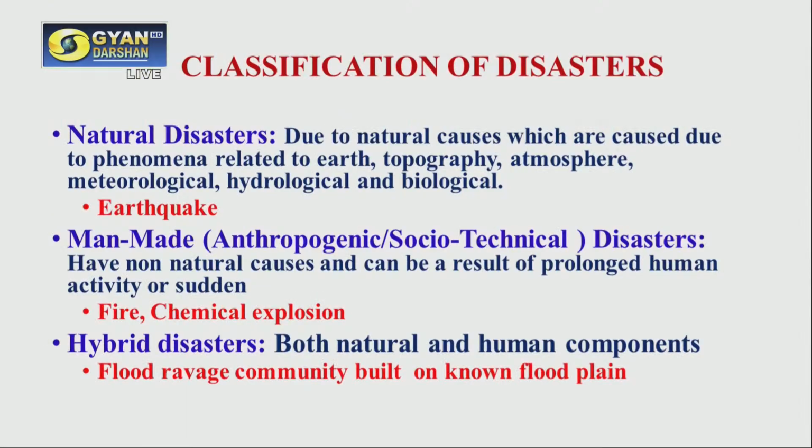For example, a flood ravaged a community built on a known flood plain. You just saw that flood is a natural disaster. But when you know that a particular region is a flood prone area, a flood zone, and in that region, intentionally, after knowing this, you construct houses and build structures, you are inviting a disaster to occur.